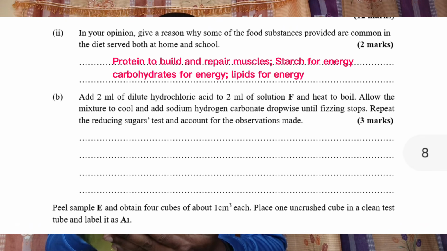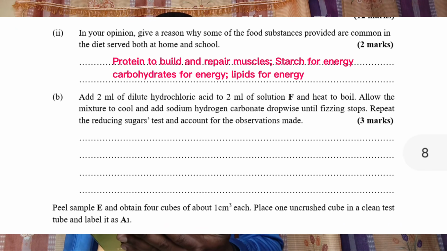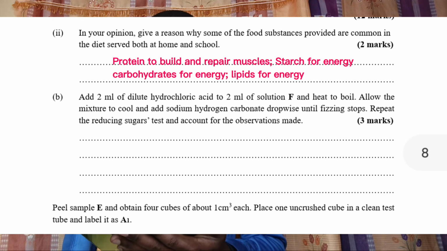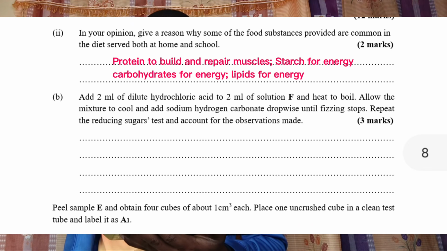Number B. Add 2 ml of dilute hydrochloric acid to 2 ml of solution F and heat to boil. Allow the mixture to cool and add sodium hydrogen carbonate dropwise until fizzing stops. Repeat the reducing sugars test and account for the observation made.